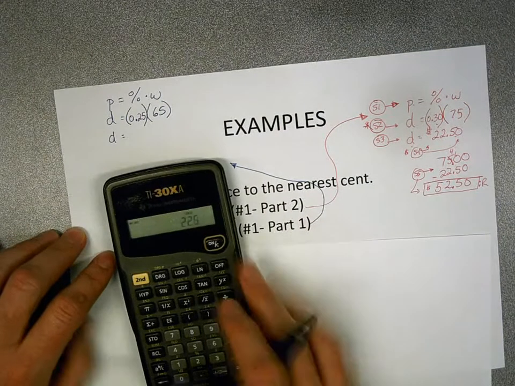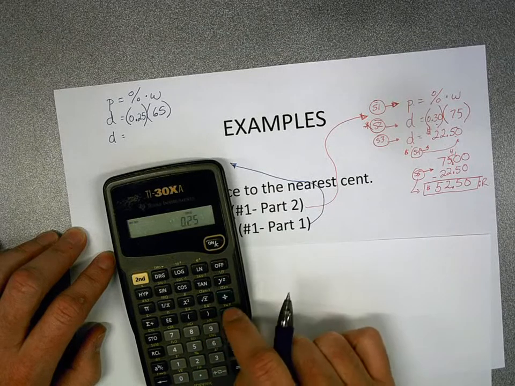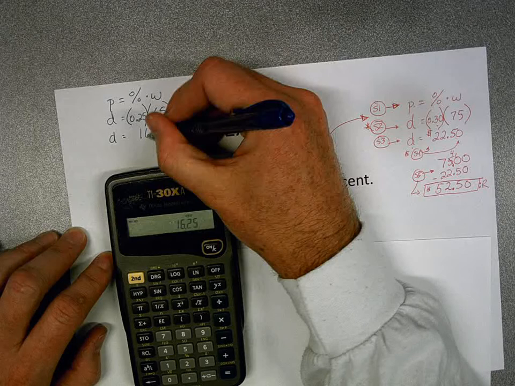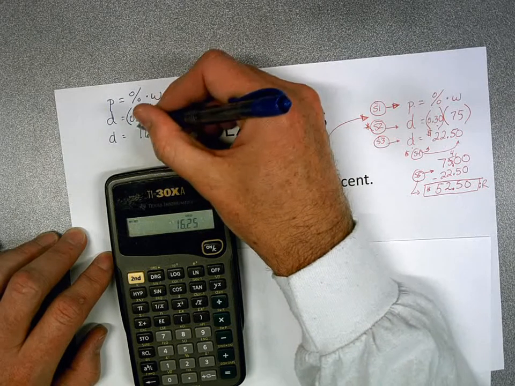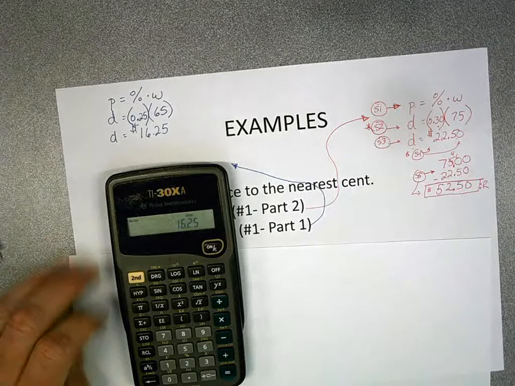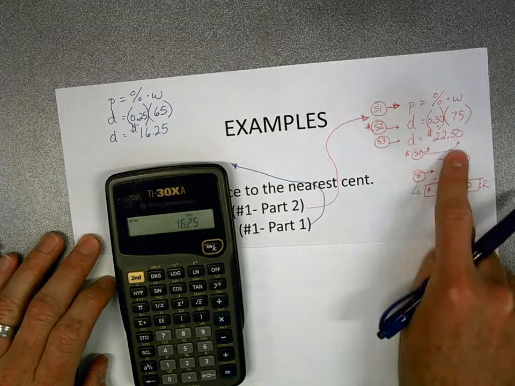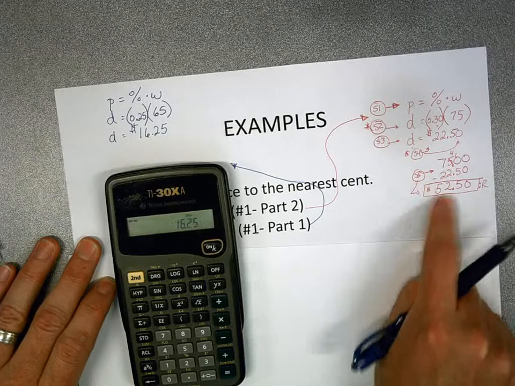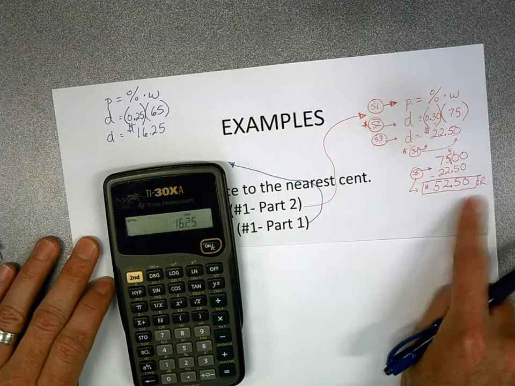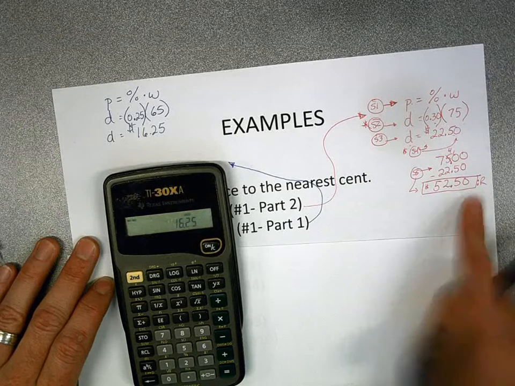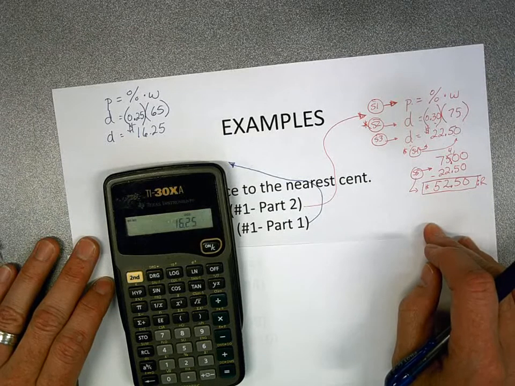So 25 hundredths times 65 equals 16 and 25 hundredths, or in this case, making it look like money, $16.25. Now I've done up through step 3. Step 4, actually I did as well, making it look like money. Step 5, that's the discount, right? It's implying that it's asking what is her sale price, right? How much did she buy it for?